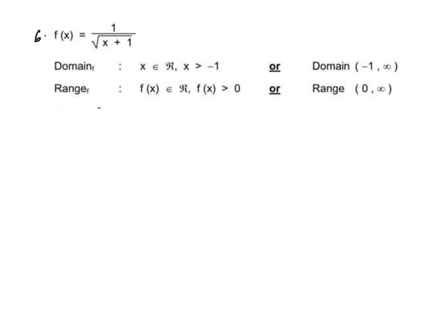For example 5, this one is given in terms of a rational with radical function, root of x plus 1. When it involves a rational function, always note that the denominator cannot be equal to 0. So here we take x plus 1 greater than 0, so x is greater than negative 1. This is the domain: x elements of real numbers where x is greater than negative 1.